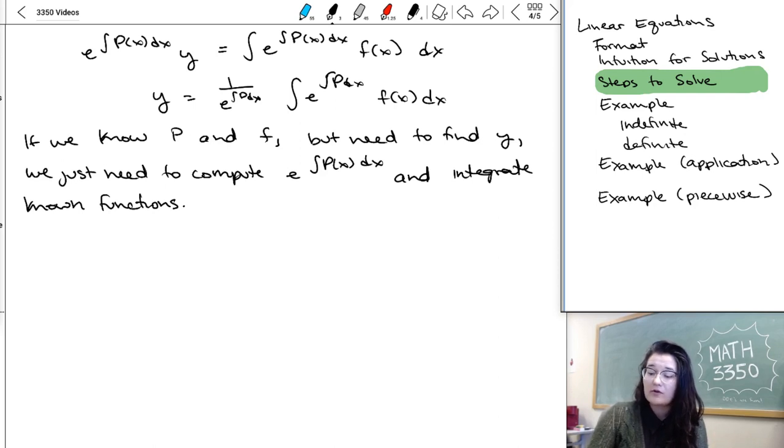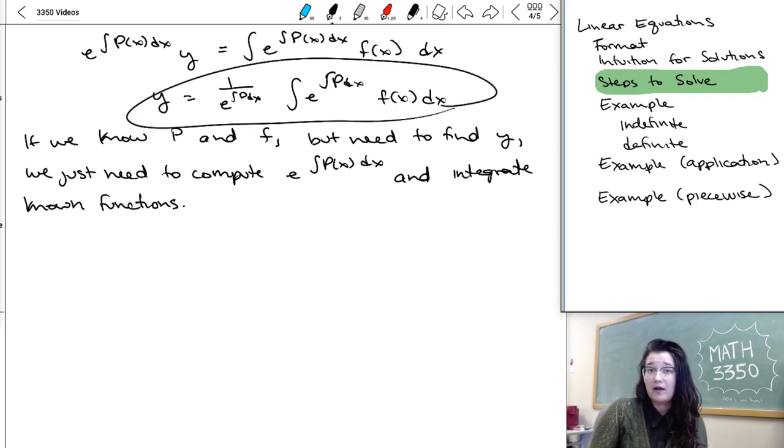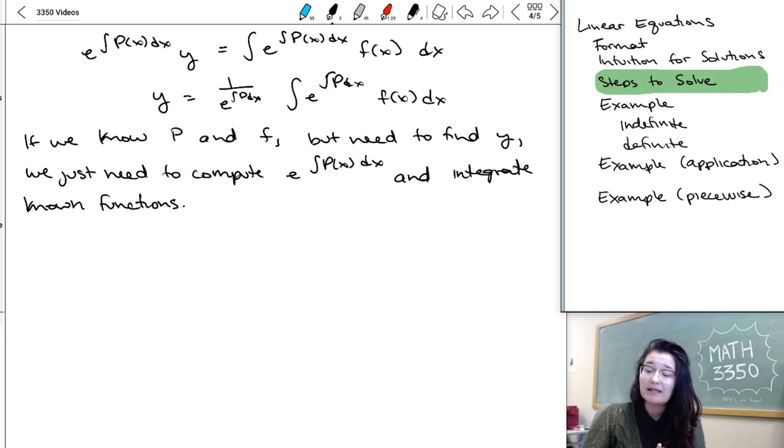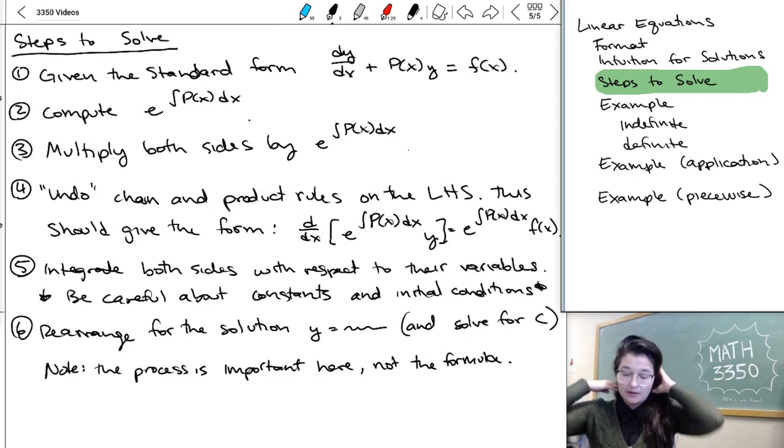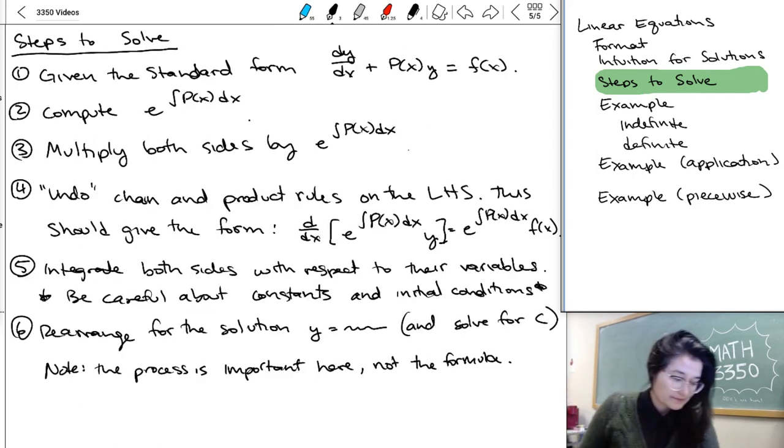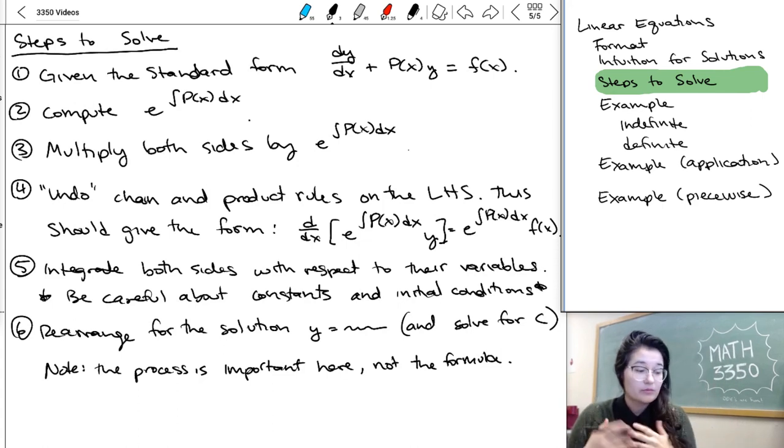To me, if you memorize this formula and then plug it in, all you've shown me is that you can do Calc 1, not differential equations. So please do not use that formula. I will only see if you use it on an exam, but it would be good practice in your homework and whatnot to also not use the formula, because I will not give you credit for it. So please try to pay attention to how this process works, because it really is a generalizable approach that we're taking to a lot of problems here.